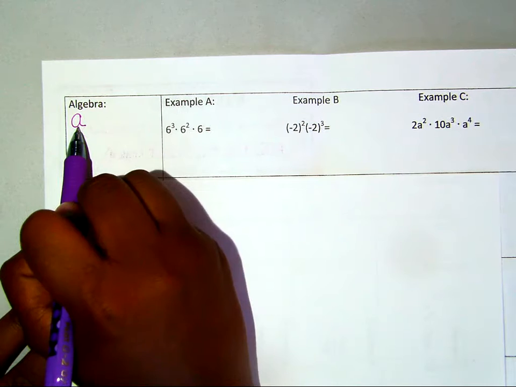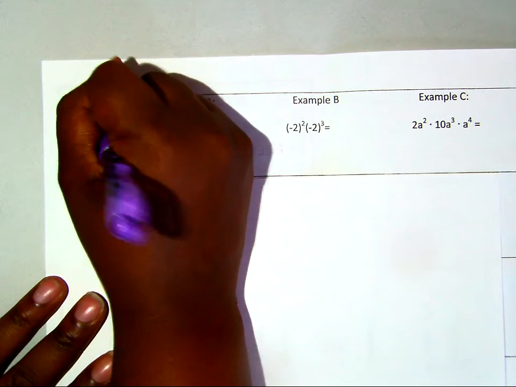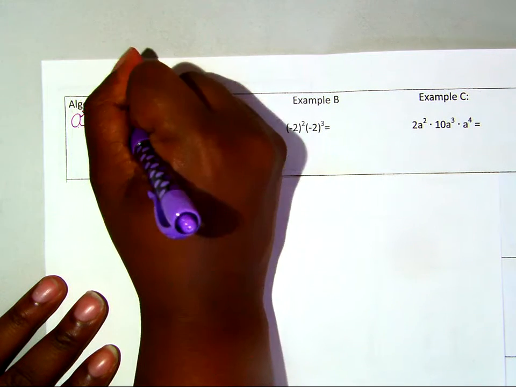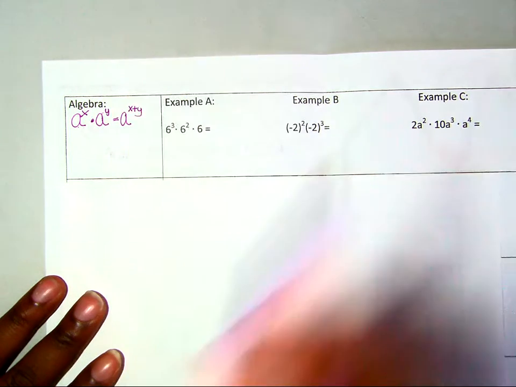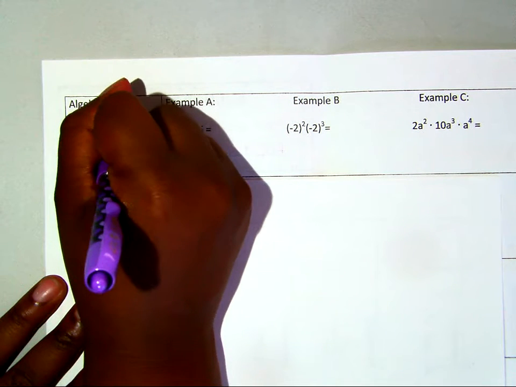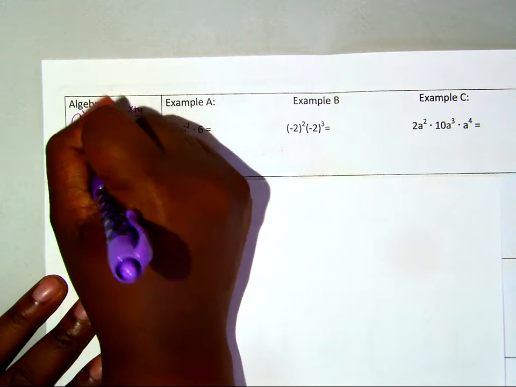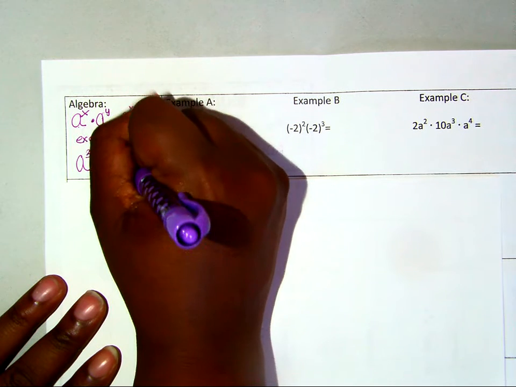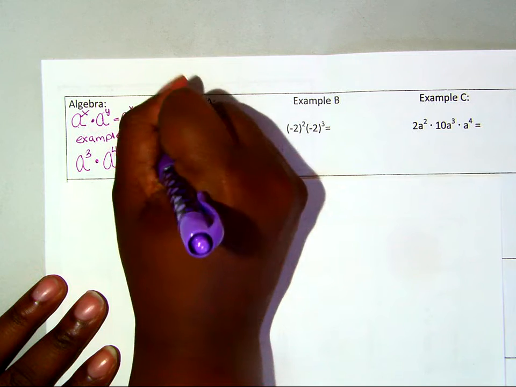If we have a number raised to the x power times a number raised to the y power, since they have the same base, I keep the base and I add the exponents. An example: a to the third power times a to the fourth power equals, I keep the base, I add the exponents, 3 plus 4, so this will be a to the 7th.